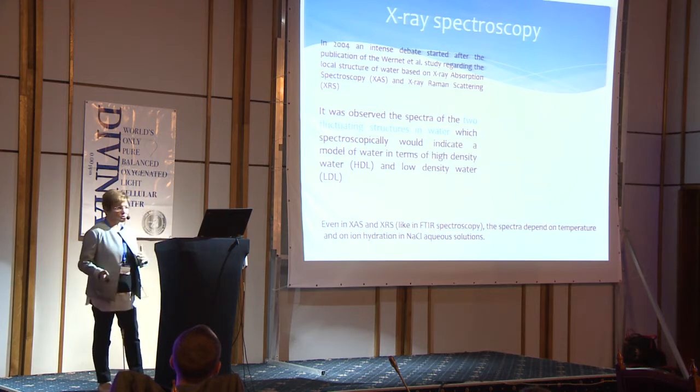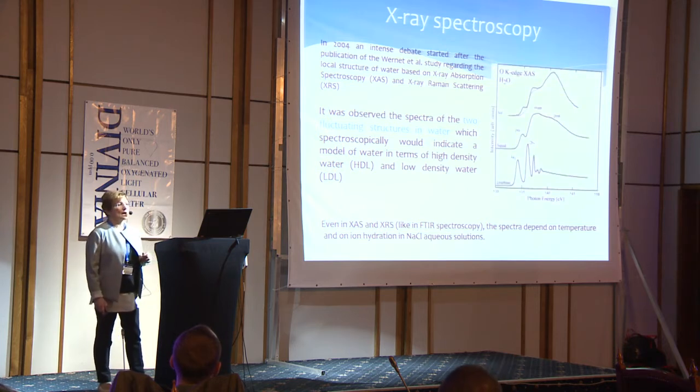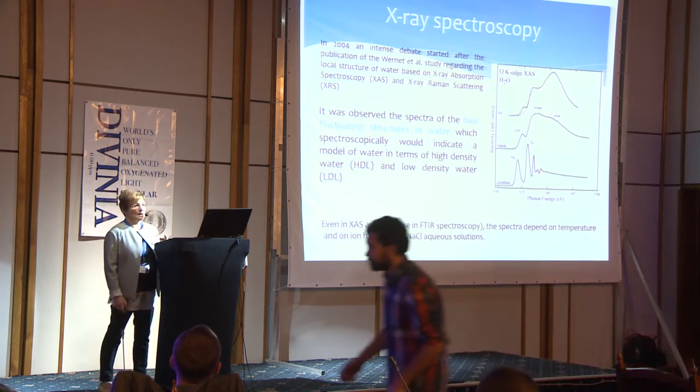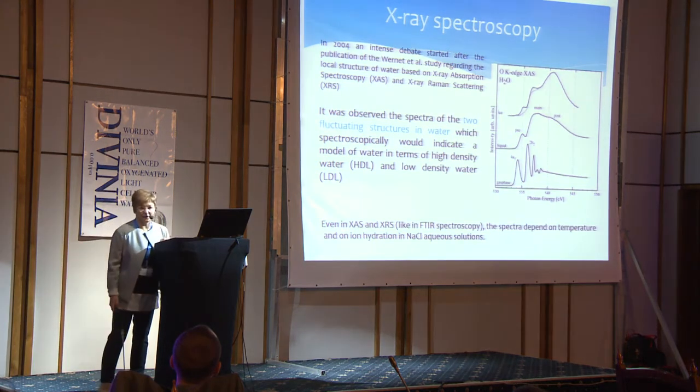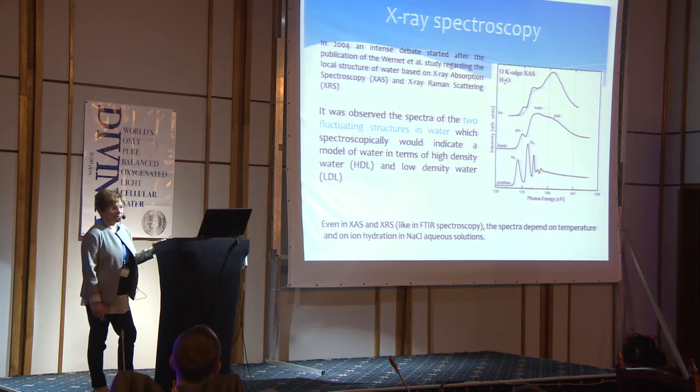So again, changing the probe, changing the kind of spectroscopy, we have the evidence of the existence of two different kinds of water. I don't want to go into detail of this kind of spectroscopy, but if you like, I can provide you the title, the name and the reference of this paper.